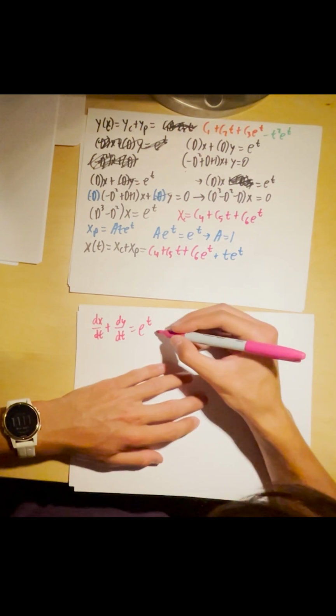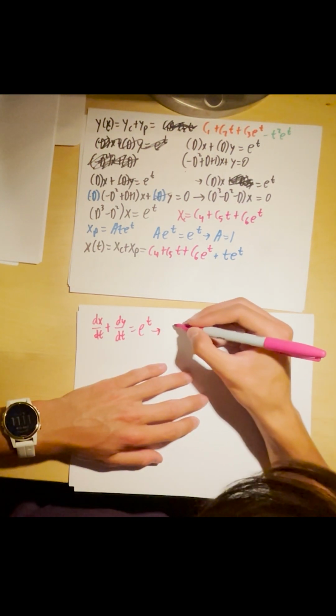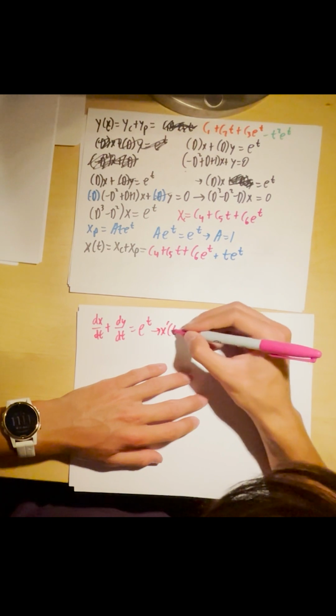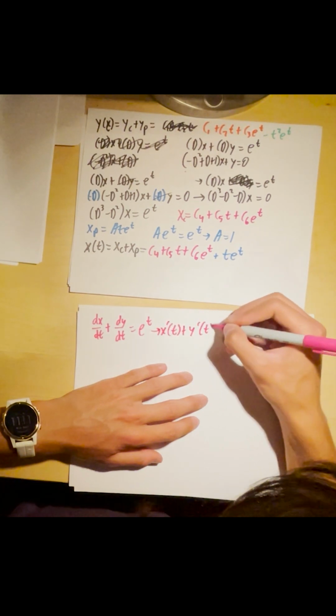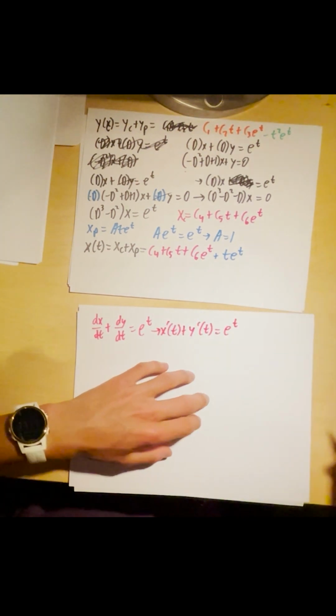Which can also be written like this: x prime of t plus y prime of t equals e to the t.